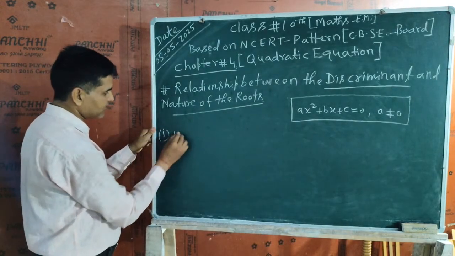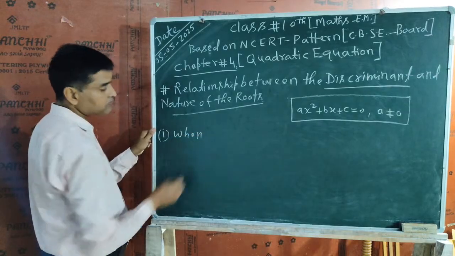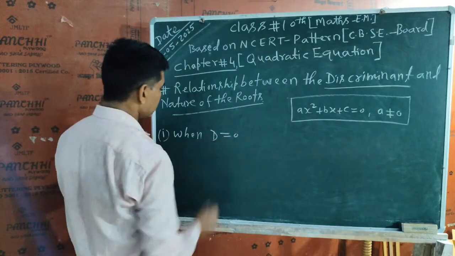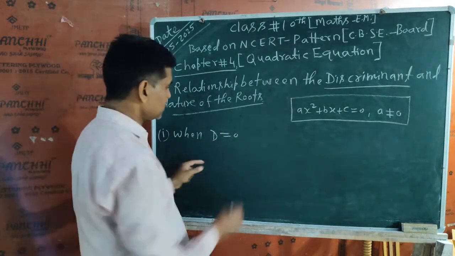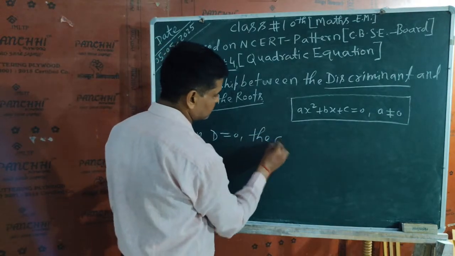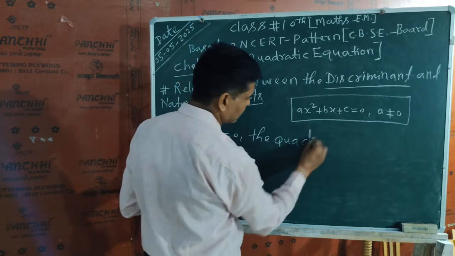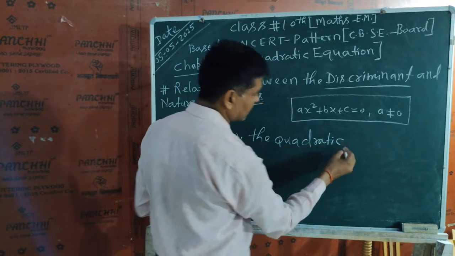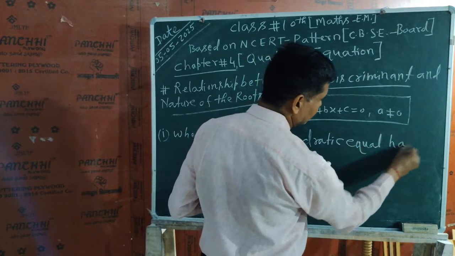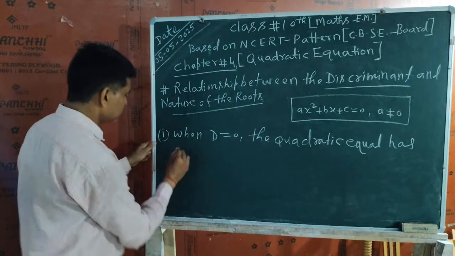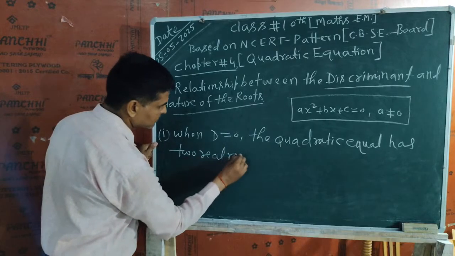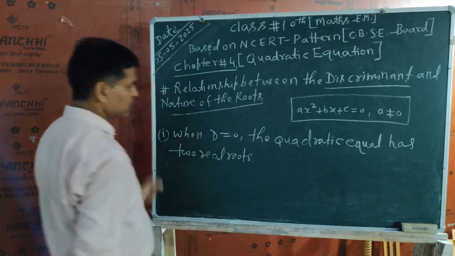Here I will write: when the value of D is equal to 0, it means the quadratic equation has two real roots.